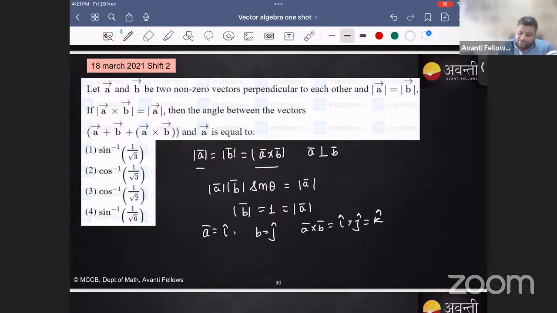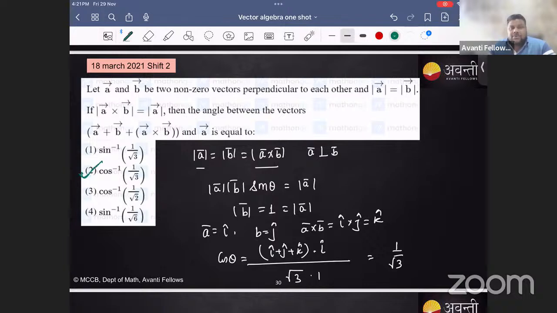So the angle between vector A plus B plus A cross B and A: cos theta is i cap plus j cap plus k cap dot i cap, which you assumed, upon magnitude of vector A plus B plus A cross B, root 3, times magnitude of A, which is 1. So the answer you got is 1 by root 3. Clear? So the angle is cos inverse 1 upon root 3. Very simple, easy question.